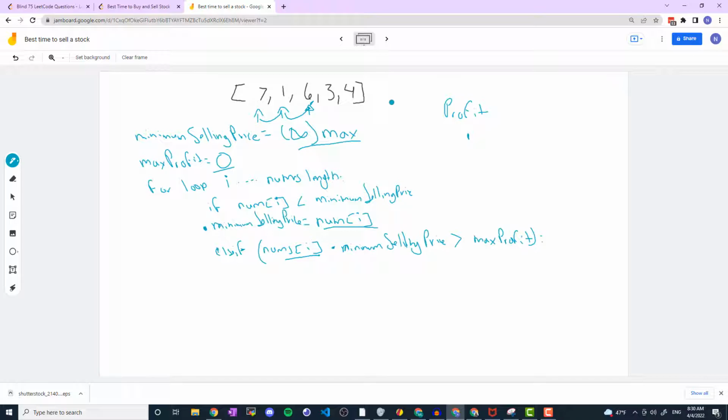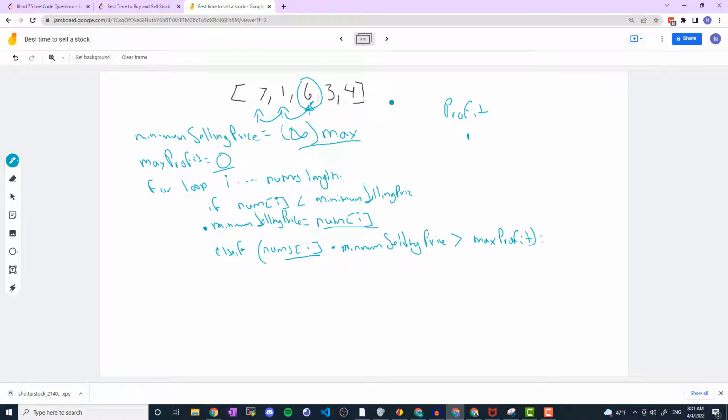If we bought in the previous iteration the stock at a price of 1 and then the next day we have a selling price of 6, that means that 6 minus 1 equals 5, and 5 is bigger than 0. So that means that in this iteration, when we have the pointer pointing to number 6, we have a positive return.